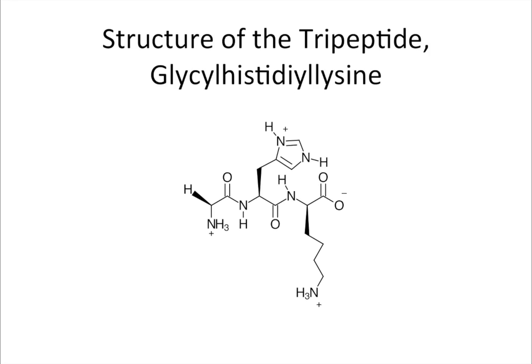Quaternary structure describes the spatial arrangement of subunits relative to one another. Cytochrome C is not going to have quaternary structure because it only has one subunit, but hemoglobin has quaternary structure because it has 4 subunits.